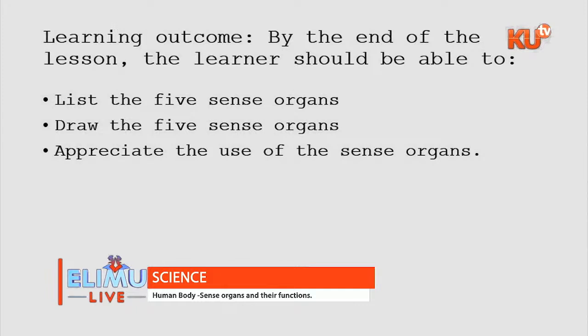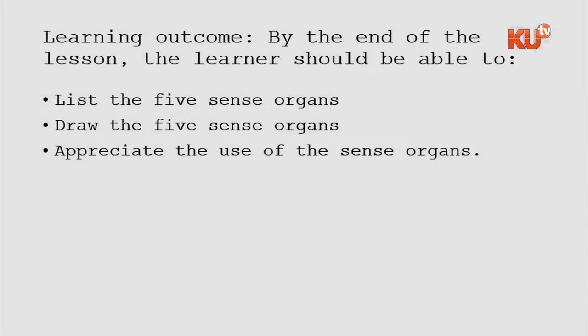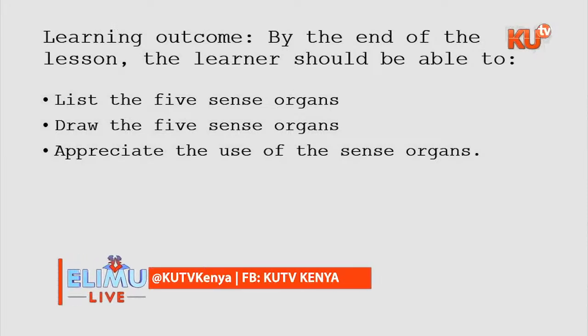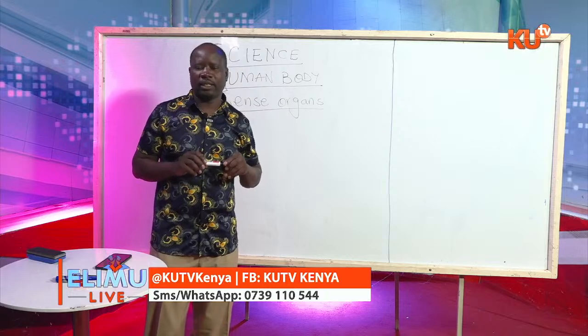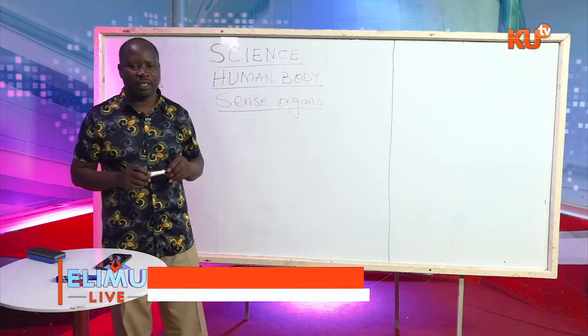Then point number 2, I will also expect you to be able to identify or draw different sense organs that we have. So those are the two main points I expect you to know by the end of this lesson: to list the sense organs and their functions, that is 1, and 2, to identify or draw the sense organs that we have.